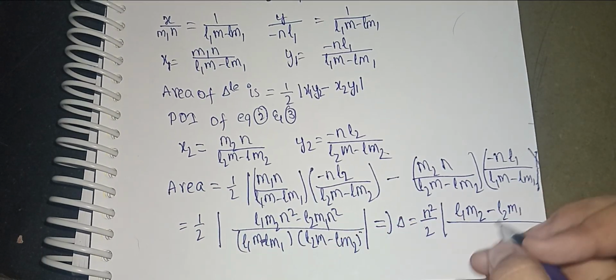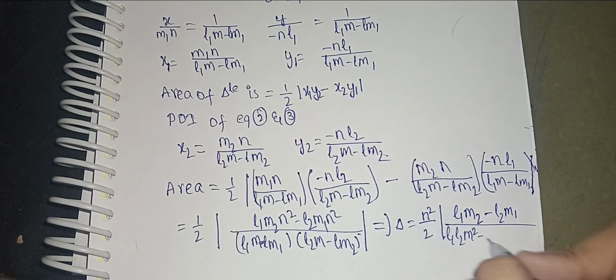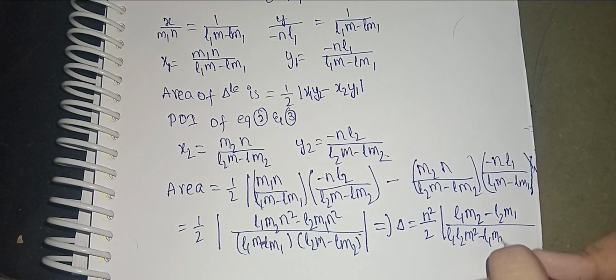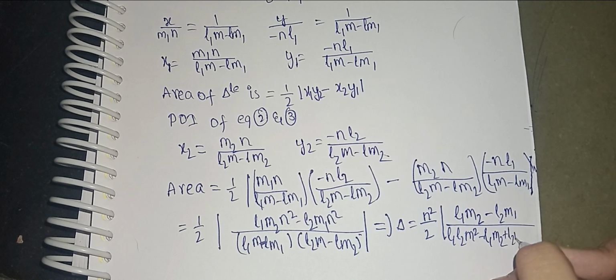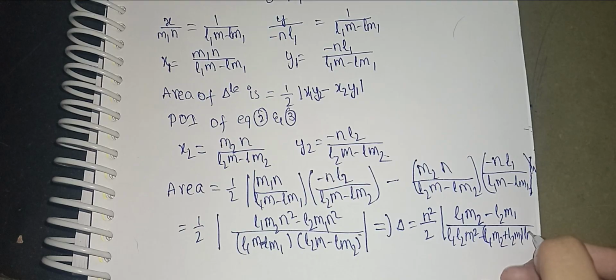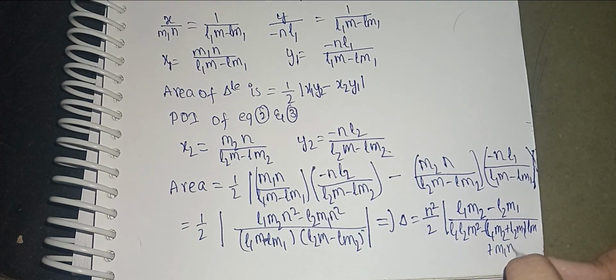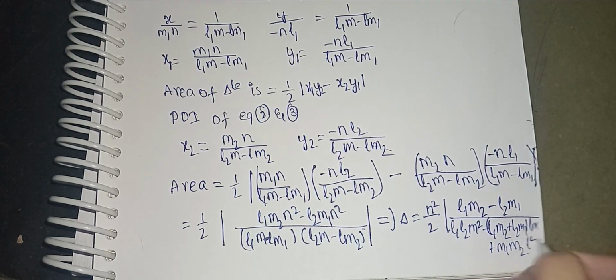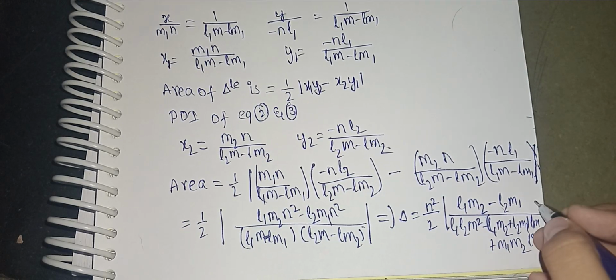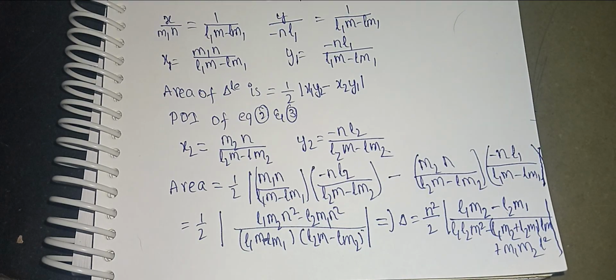If you multiply them, you will get L1 L2 M square minus L1 M2 plus L2 M1 into Lm plus M1 M2 L square. Mod will remain.